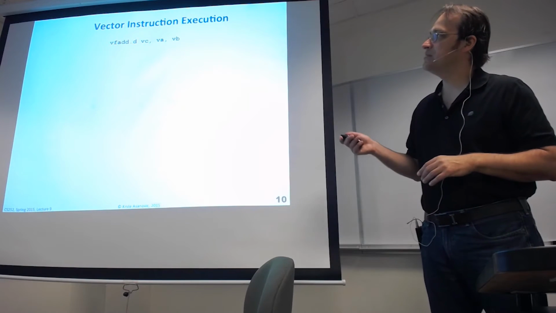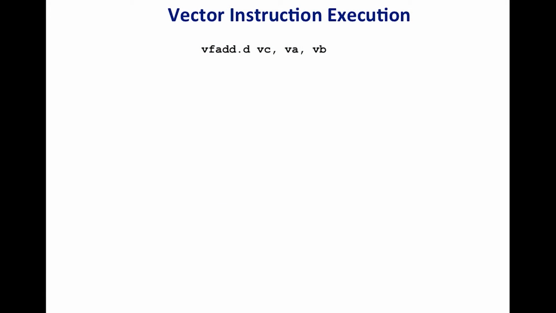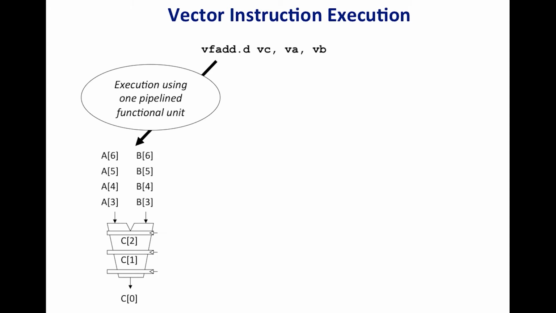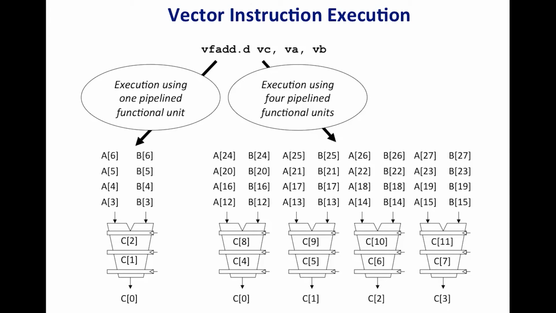When you execute at the assembly level, you write something like this: vector floating point add, VC gets VA plus VB. If you have a single pipelined functional unit, you just stream the operands through like we just described. So here are the results, C0 coming out as I pipe in more elements from A and B, just going through one pipeline. But the same assembly instruction you can execute on a vector unit that has many parallel functional units.